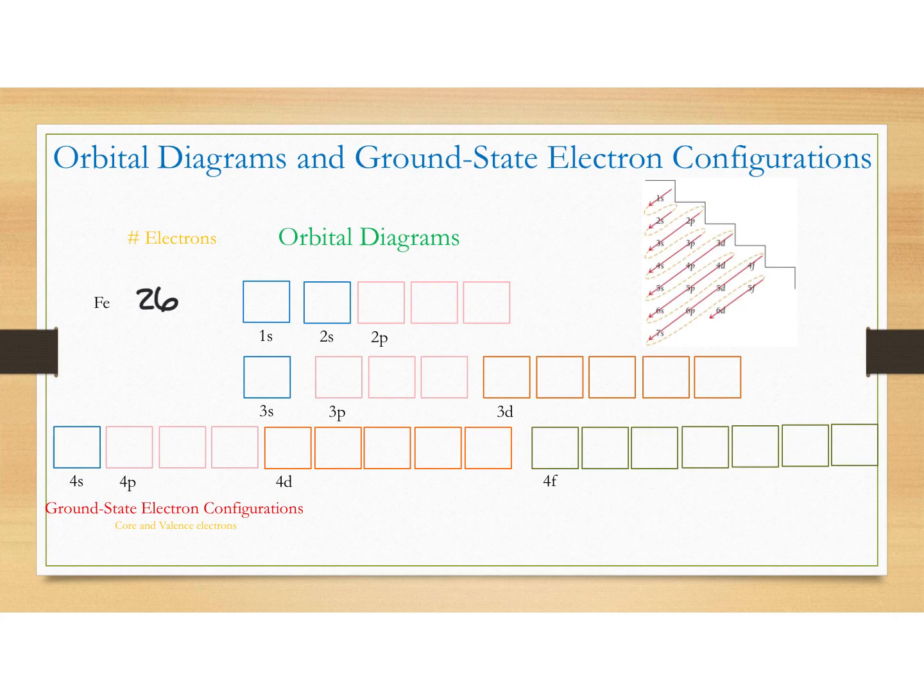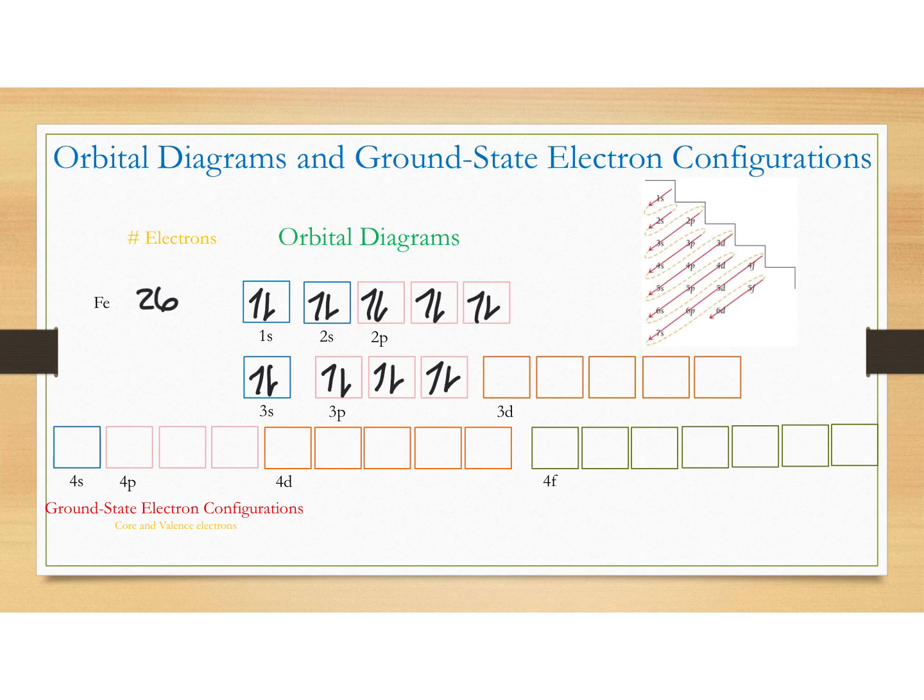So let's do 26 electrons. 1, 2, 3, 4, 5, 6, 7, 8, 9, 10, 11, 12, 13, 14, 15, 16, 17, 18.